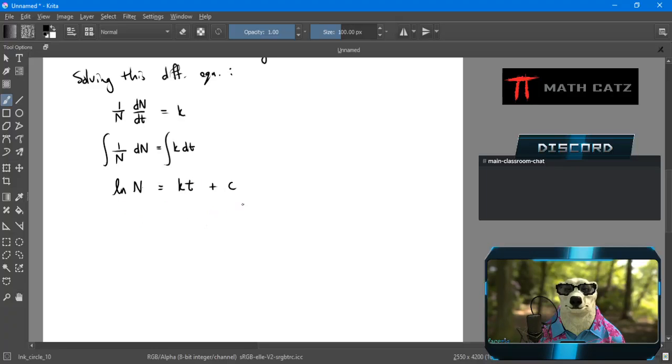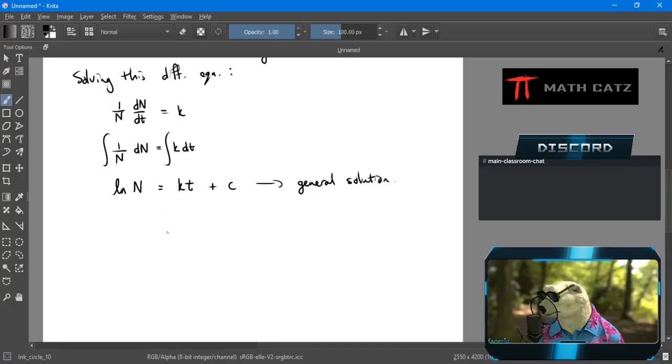Now, this would be a perfectly fine general solution under normal circumstances. But I have a practical problem in mind, and so it would be beneficial for me to solve for n so that I can have a function that I can use to answer follow-up questions.